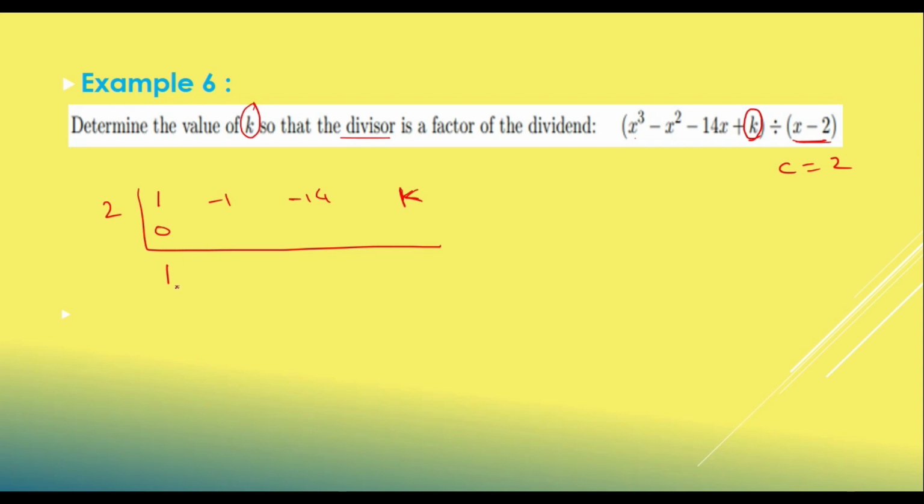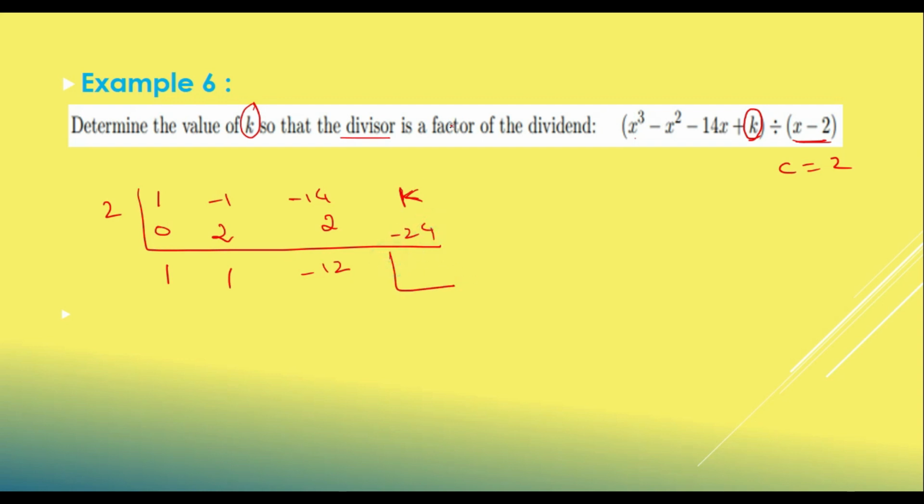Multiply with 2, 1 into 2 is 2, addition will give you 1, 1 into 2 again 2, vertically add them, it is minus 12, multiply with 2, this is minus 24.